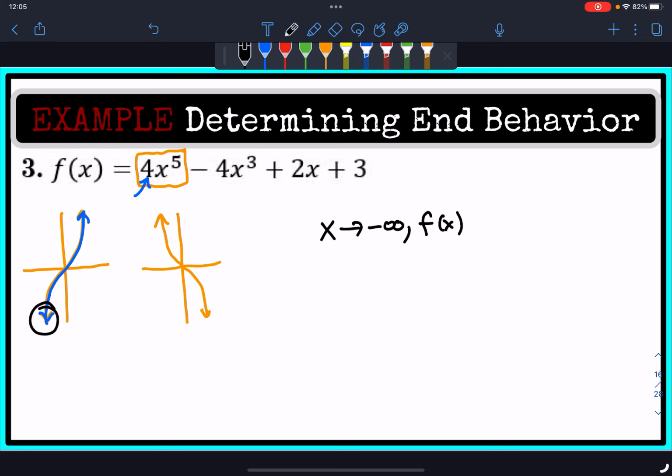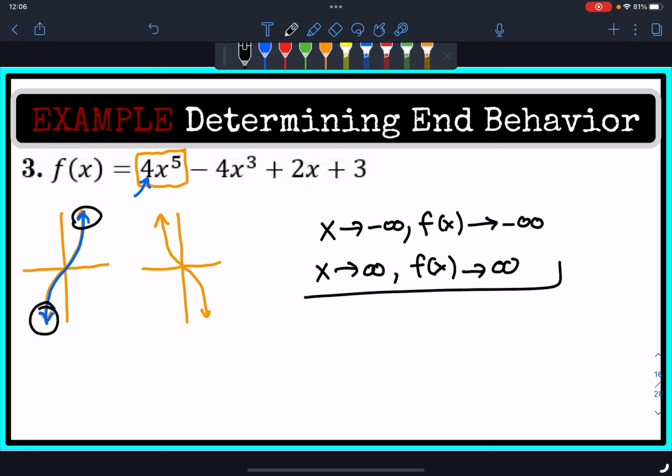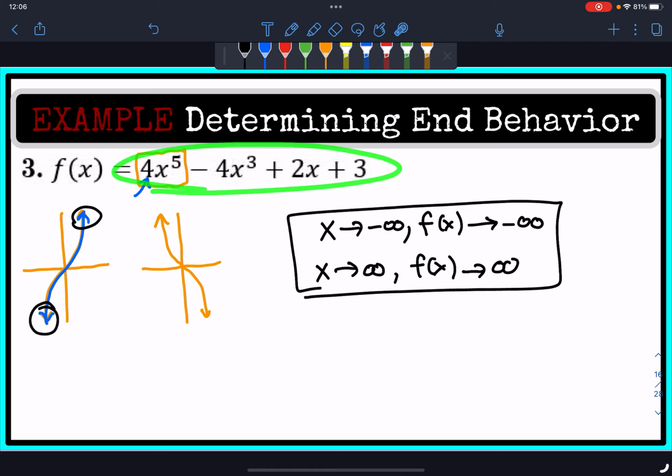So with arrow notation, we say that f of x approaches negative infinity. And on the right end, as x approaches positive infinity, the function values approach positive infinity as well. So this is how we describe the end behavior of this polynomial function, by simply using the leading coefficient test.